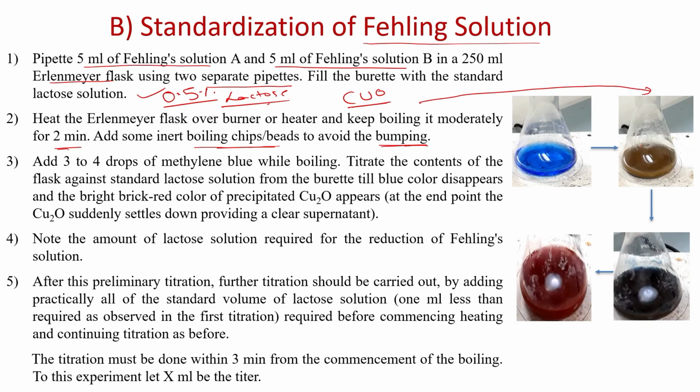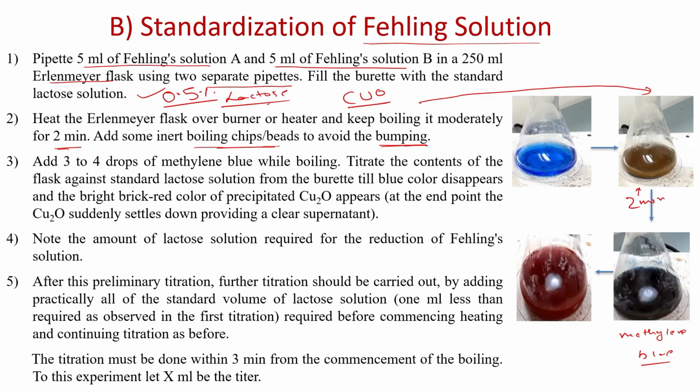Now add 2 to 3 drops of methylene blue while boiling, as we are using methylene blue as the indicator. After adding methylene blue, the color will be like this.